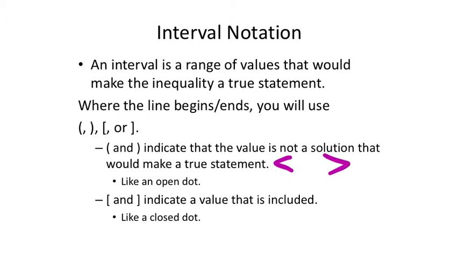If you use the brackets, that's like a closed dot, which means that the values would be equal to, which means that these would be related to less than or equal to or greater than or equal to. Okay, so if you see just less than or greater than like this, you will be using regular parentheses for these. I know it doesn't make sense now, but hopefully it will, okay? And then brackets for inequalities that include equalities in them, right?